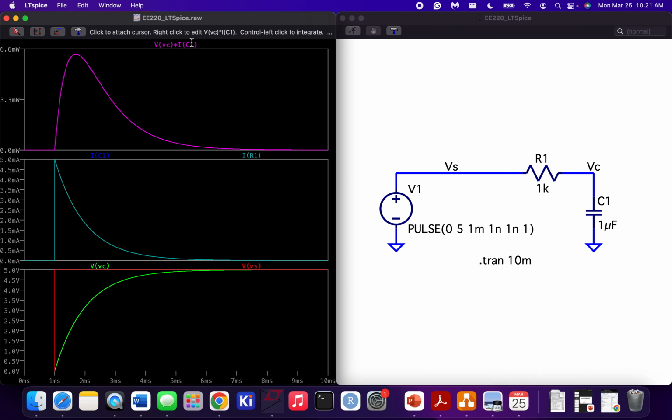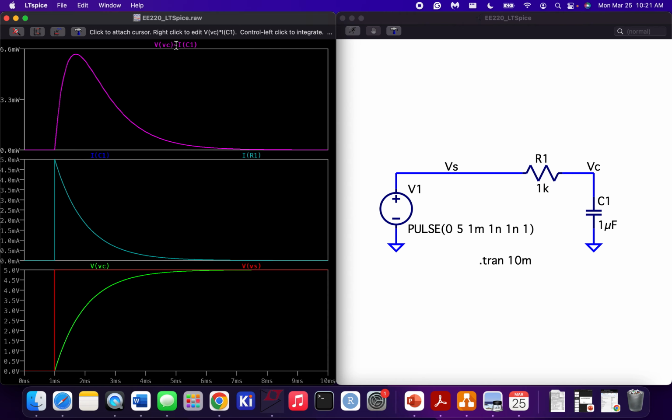And if I take the integral of that, which I did previously in the lecture material, I can determine how much energy has flowed into my capacitor and is now being stored in my capacitor. Okay, so if I want to take the integral of this, it's just the area under the curve. I can come up here and you can see in this window it says control left click to integrate.